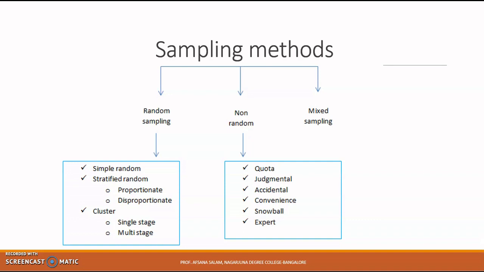So I need to choose a single stage. If I am choosing single stage, I am having only one stage of collecting data, for example, simple random or stratified with different levels or different zones. If I choose that, that becomes my single stage.